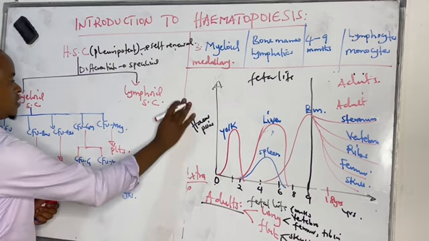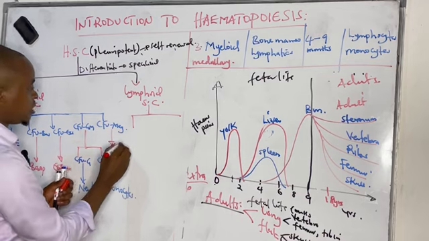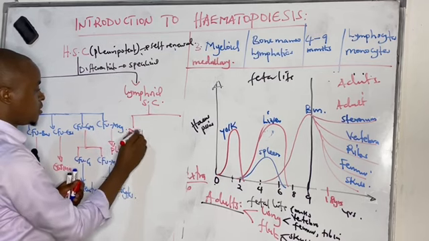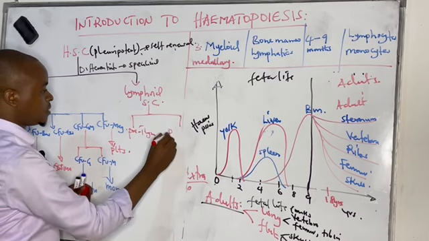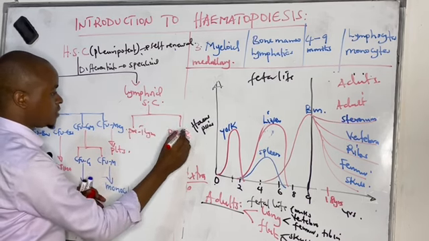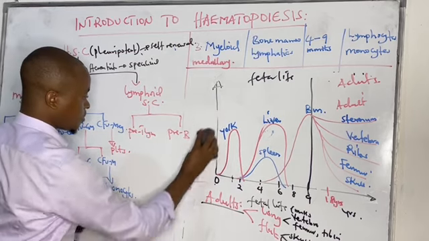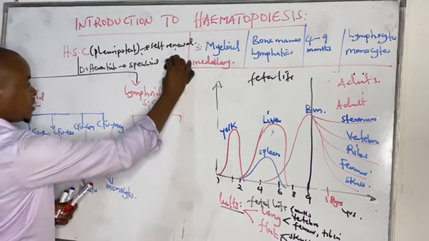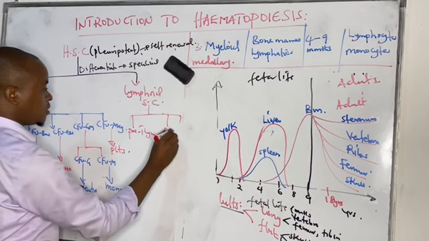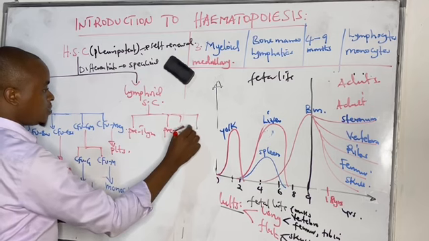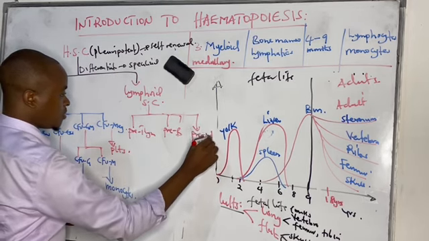The lymphoid stem cell can differentiate to give pre-T lymphocytes, pre-B lymphocytes, and pre-natural killer cells.